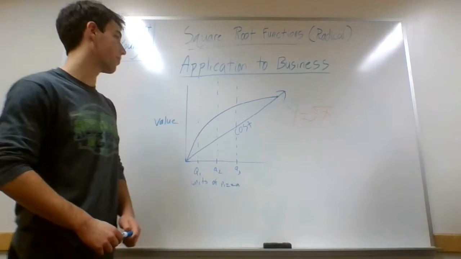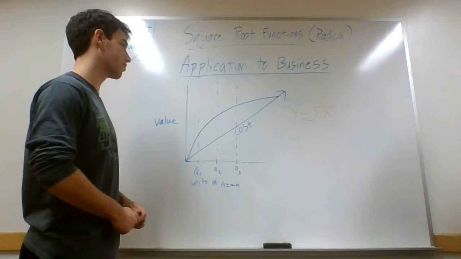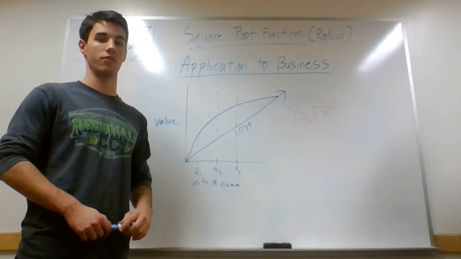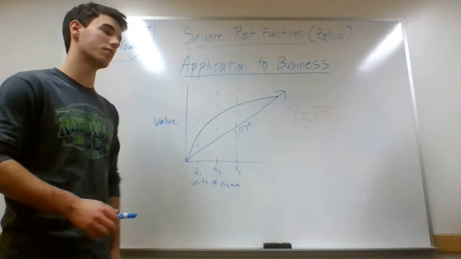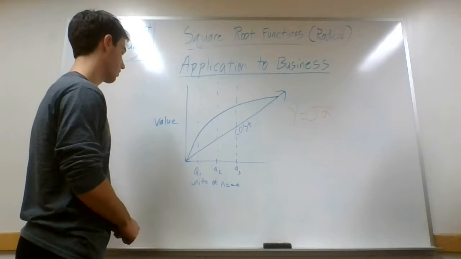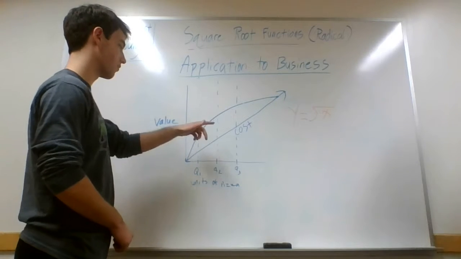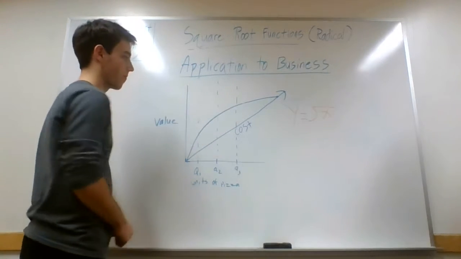Alright, so for our application of business portion, we're going to be using this graph, and this is more of an economics kind of application. So not exactly business, but they're one and the same. For this, we're measuring the value of slices of pizza and relating that to the cost.